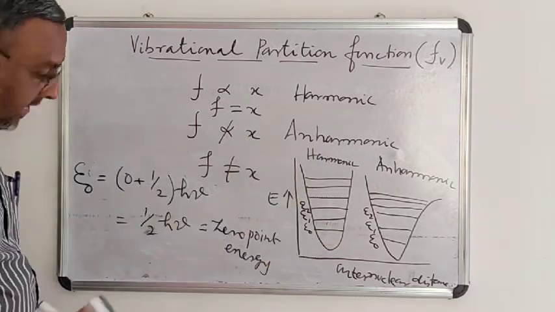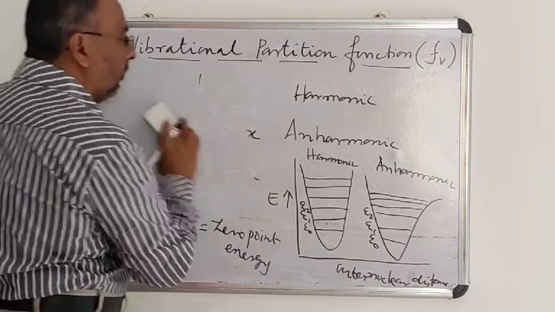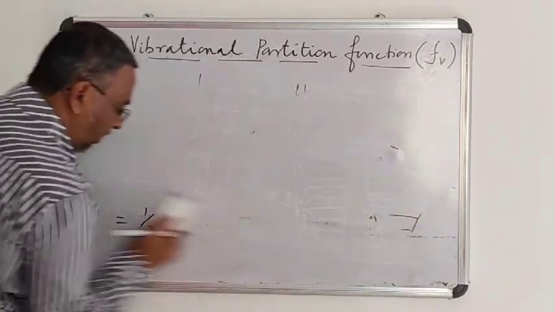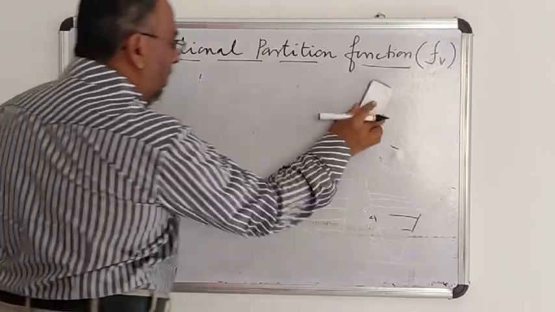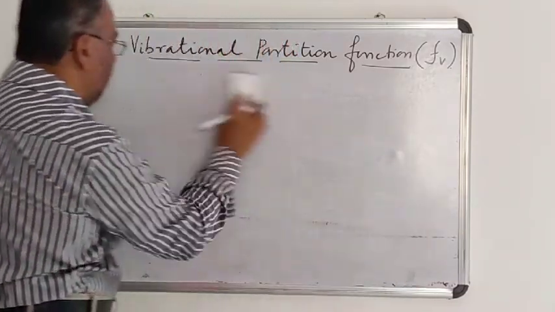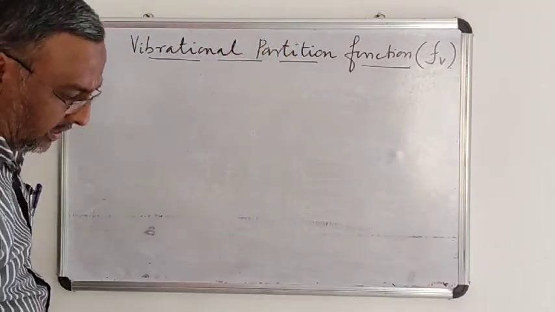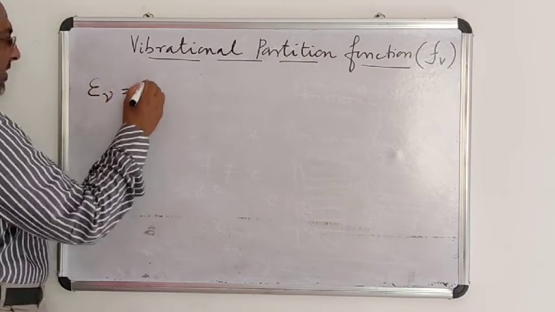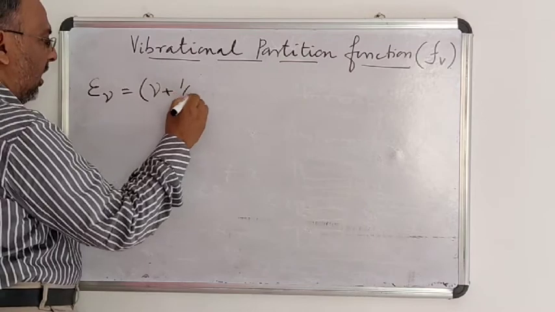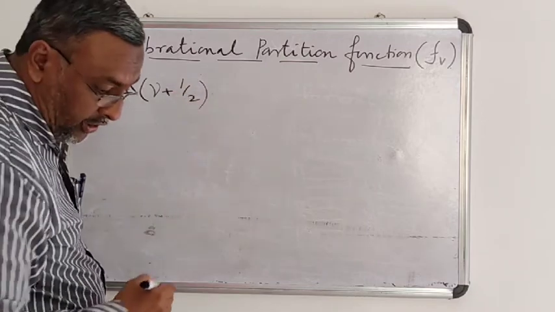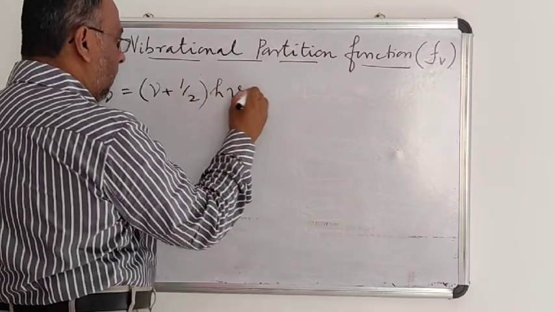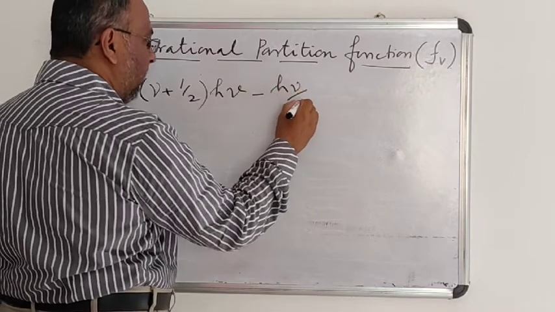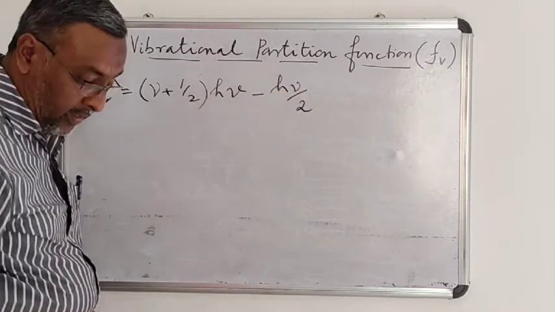How it is calculated, listen. The vibrational energy level is calculated with respect to the zero point energy level, that is (v plus half) h nu minus h nu by 2. This is the zero point energy.